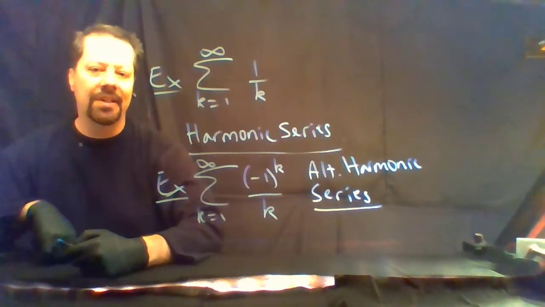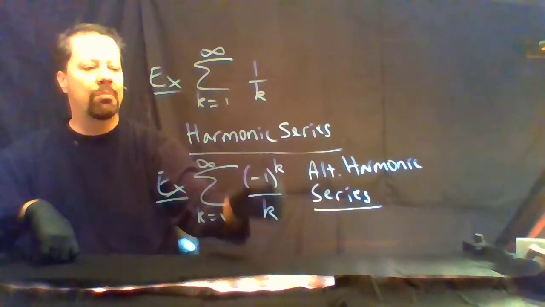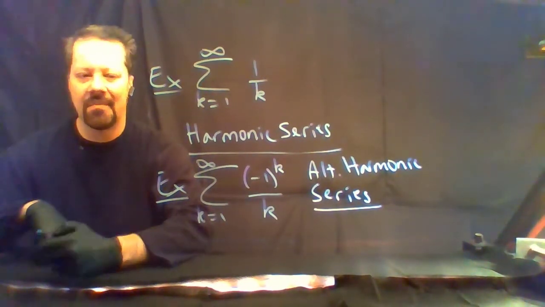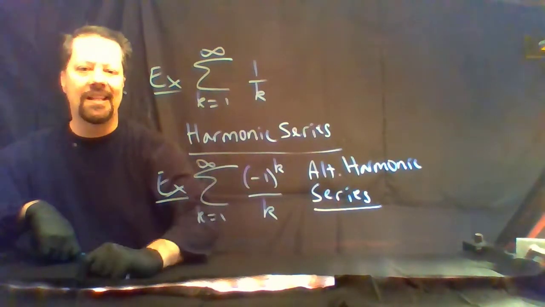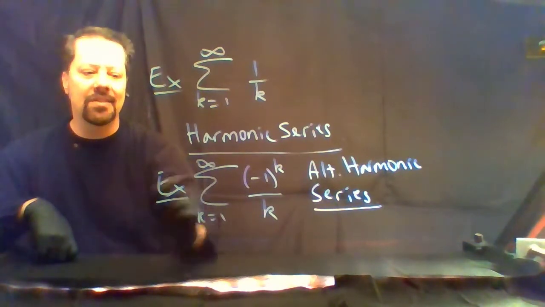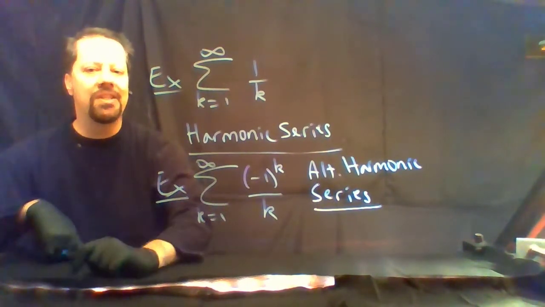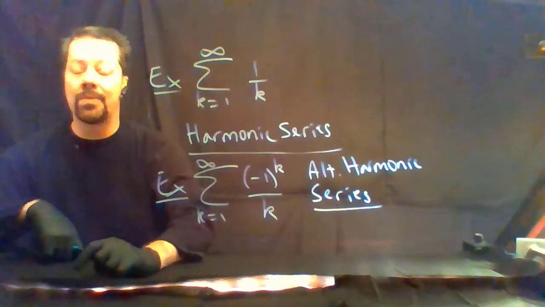The alternating harmonic series famously converges. And you can easily prove that using the alternating series test. The terms in absolute value monotonically tend to zero, and that implies that this alternating series converges. It converges conditionally because in absolute value it reverts to the harmonic series which diverges.